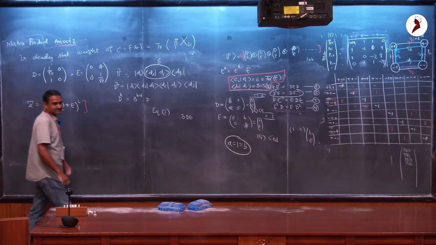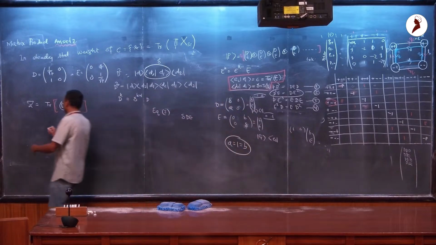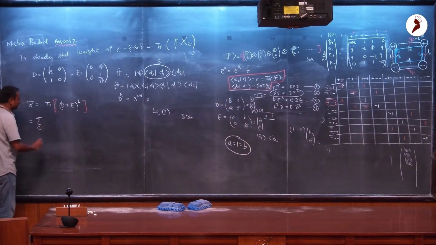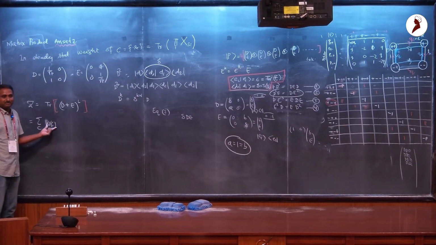What is the partition function? It is the sum of weights, right? The partition function by definition equals the summation over all configurations of the weight of each configuration. I'm calling it weight, not probability, because anyway the sum is not 1. Whatever the sum, that's the partition function. So now all configurations means what?